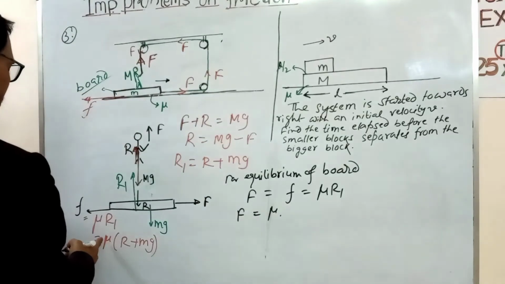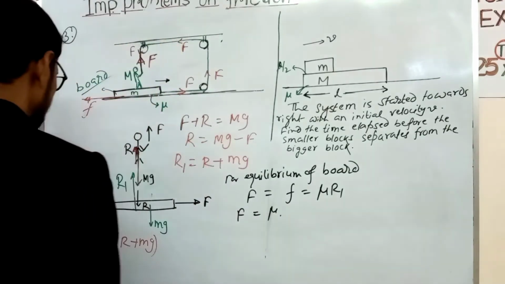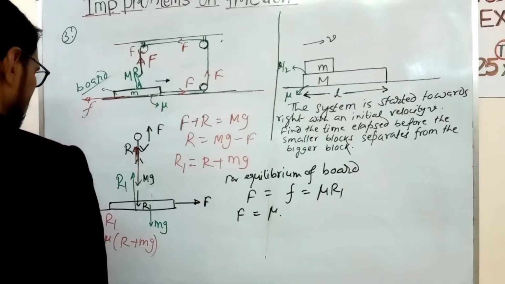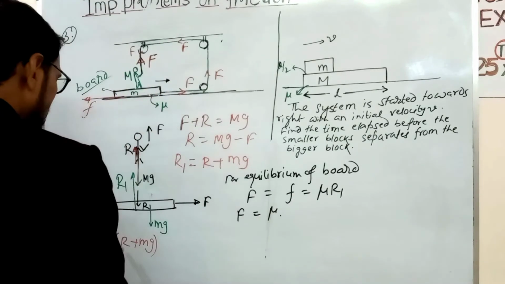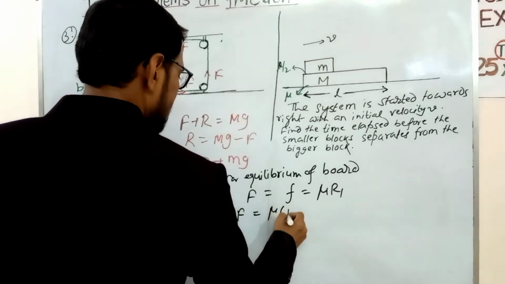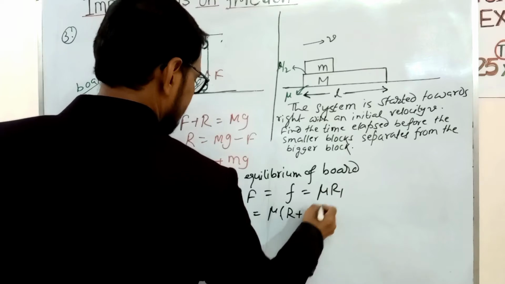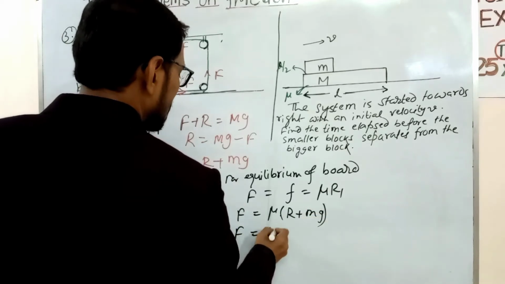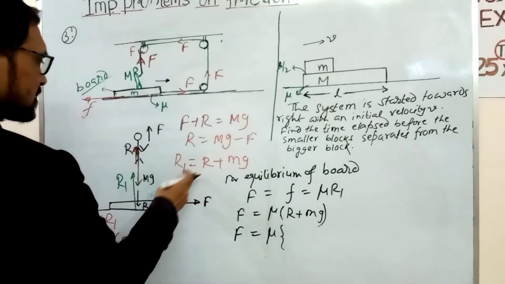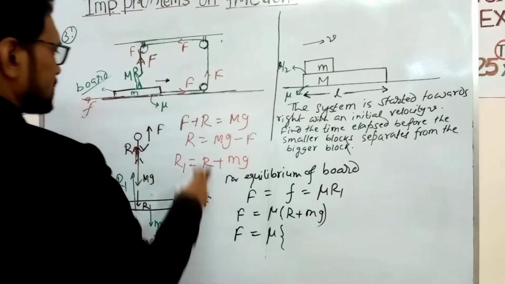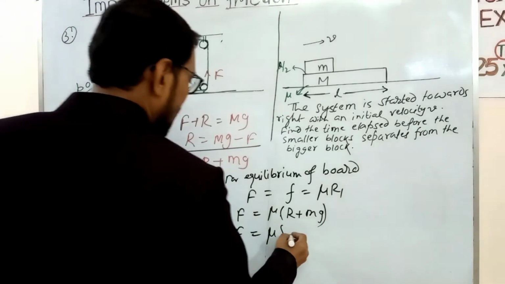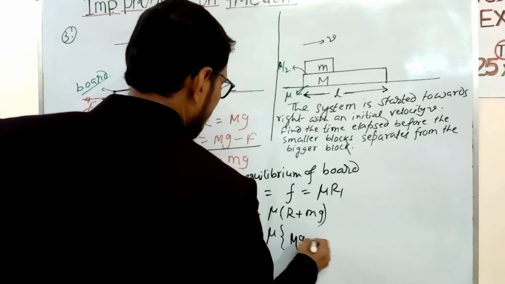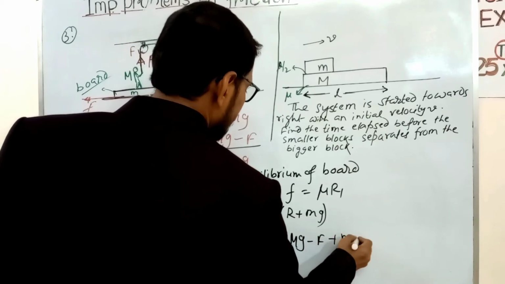What is R1? R1 equals R plus mg, so the friction force equals mu R1, that is mu into R plus mg. So F equals mu into R. What is R? We get R equal to mg minus F. So F equals mu into (mg minus F plus mg).